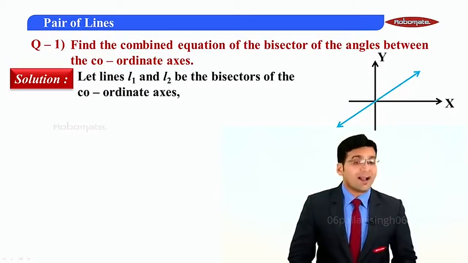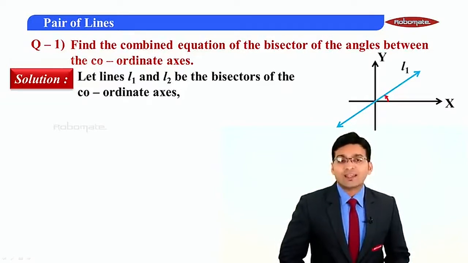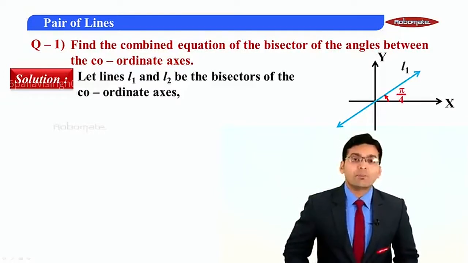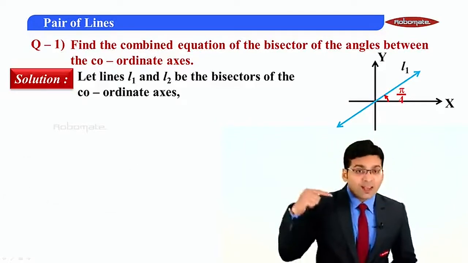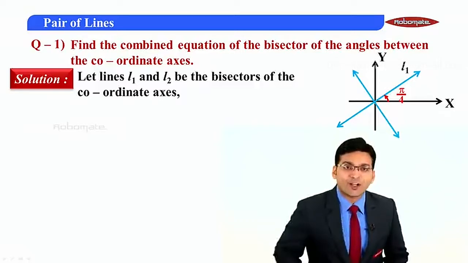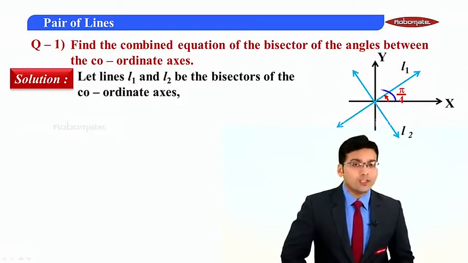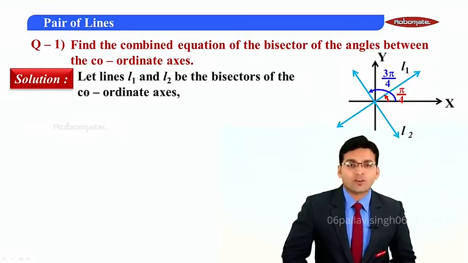Now, the word bisect means it will make two equal parts, and therefore we can say the inclination here will be pi by 4, that is 45 degrees. Similarly, there can be one more line which will bisect the second and fourth quadrant, and here for L2 the inclination will be 3 pi by 4, that is 135 degrees.